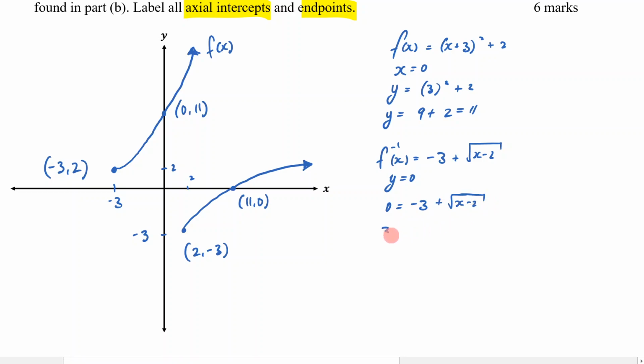I'm going to get 3 on this side, the square root of x minus 2. Then I square it, 9 equals x minus 2, x is equal to 11. And just like that, I found that x is equal to 11, or you could just recognize the swapping over of these. Also make sure you label this, like so, and there you go.